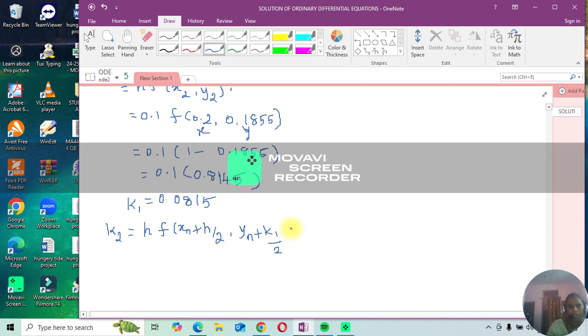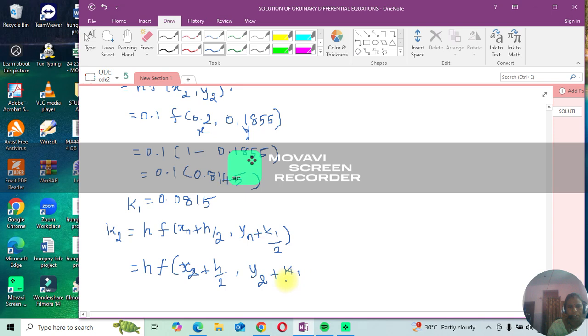Okay. So now we substitute the k1 and all the values, and before that we substitute n equal to 2. So substituting n equal to 2 we get h into f of x2 plus h by 2 comma y2 plus k1 by 2.